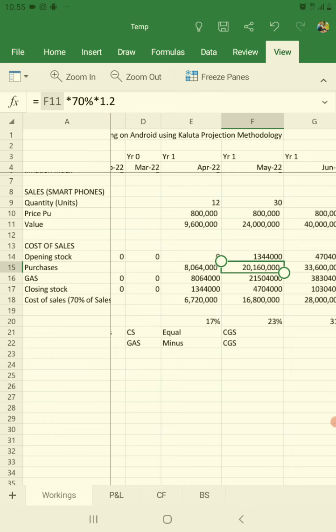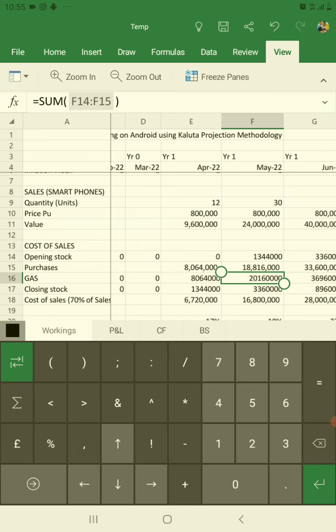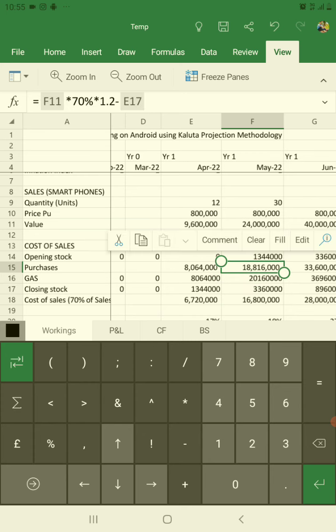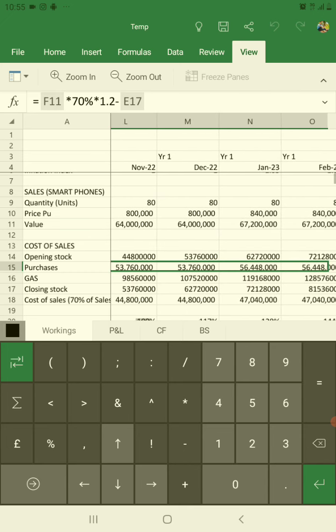So I click on the formula bar here, and then I put minus closing stock in the previous month, this one. So that one is going to be my new formula, and I drag this so I fill this one to be true throughout the planning horizon.